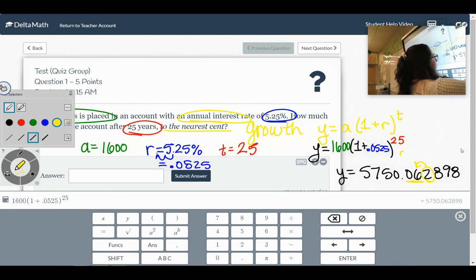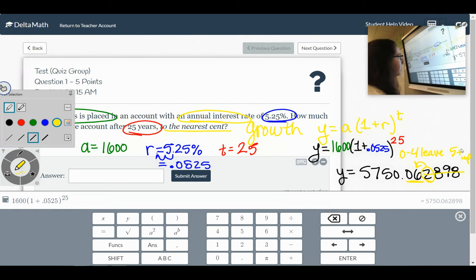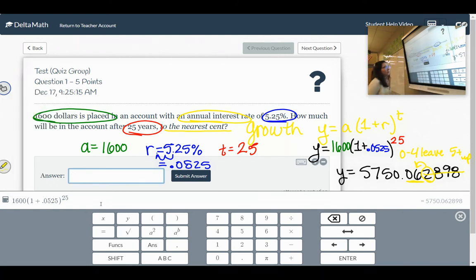And since 0 to 4 is leave, 5 and up means we round it up. We would just omit or get rid of that 2898, and our final answer here would be that y equals $5,750.06. So that's a pretty good gain for our account there.